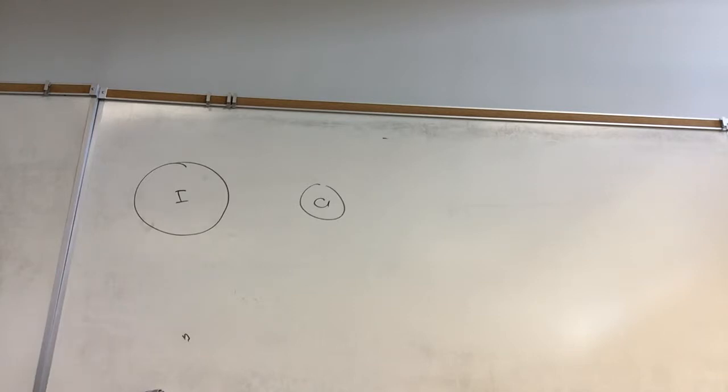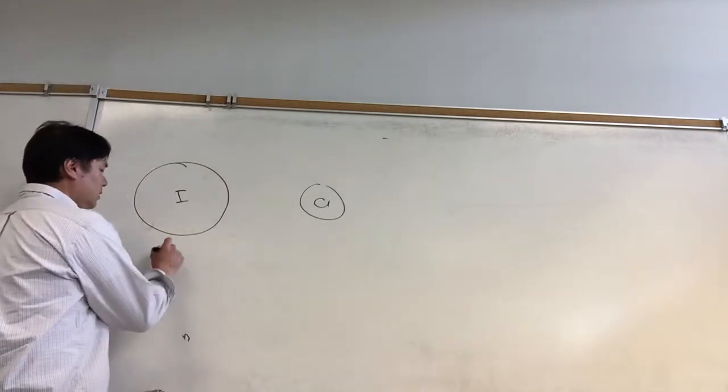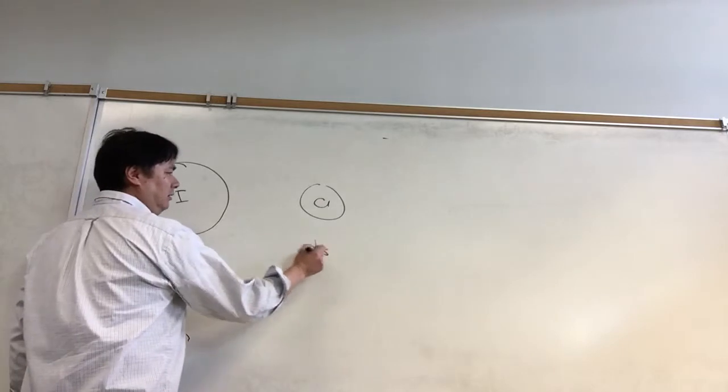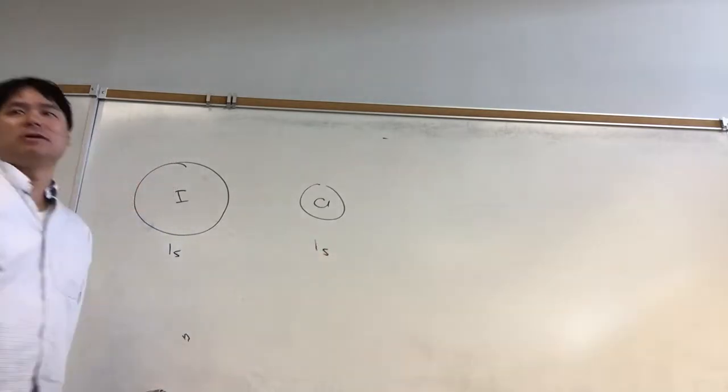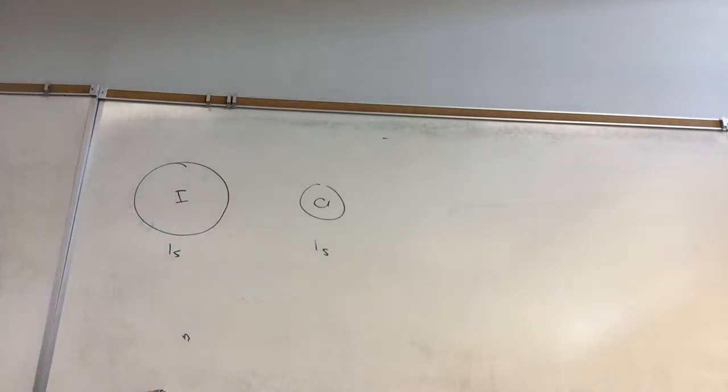So for example, let me ask you this. This is a trick question. Which one has a bigger 1s orbital, chlorine or iodine? They aren't the same, actually. Oddly enough, they aren't the same.